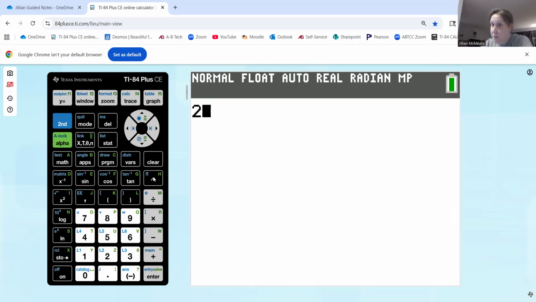That is called the caret button, and that will raise you up to that superscript exponent world. And then type in your exponent, which I believe was 6, and hit enter, and we get 64 that way. So that's how you can type in exponents. There are other shortcuts, like if you're just doing an exponent of 2, there's a simple way to do that, but this will let you type in just any exponent. Okay? Let's go back to example 2.